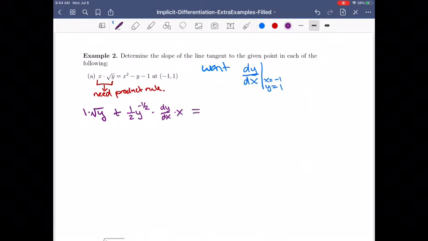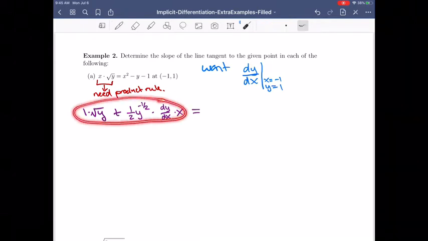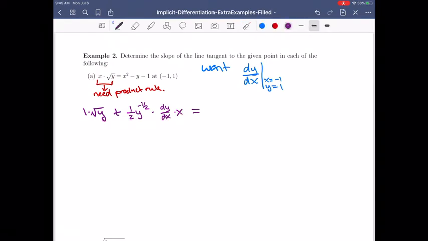Okay, so that's our derivative of just this part here. So now I want the derivative of x squared. It's a normal derivative, so it's just going to be 2x, minus the derivative of y, so that's 1 times dy dx. And the derivative of -1 is 0.